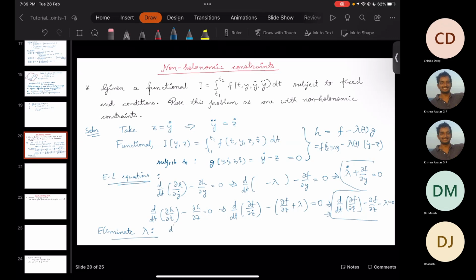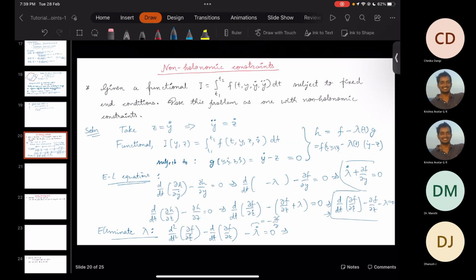So it is d²/dt² of ∂f/∂z dot minus d/dt of ∂f/∂z is equal to 0. And mind you that lambda dot is nothing but minus of ∂f/∂y, isn't it?